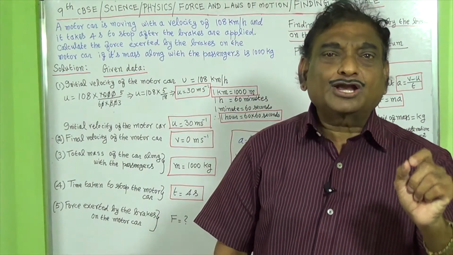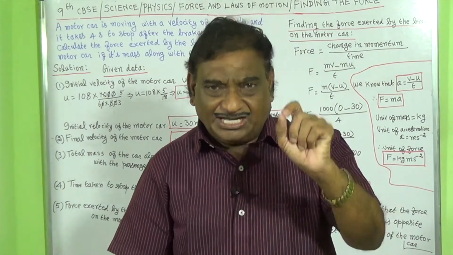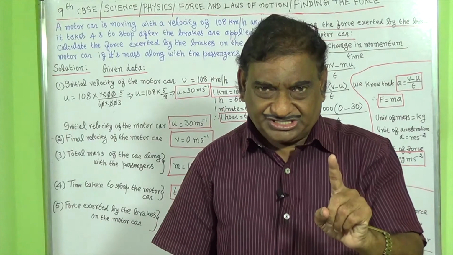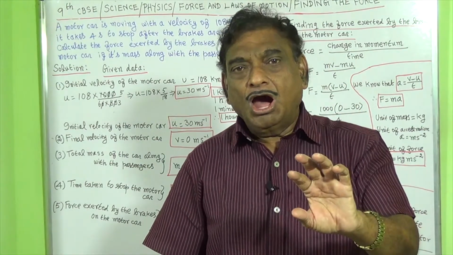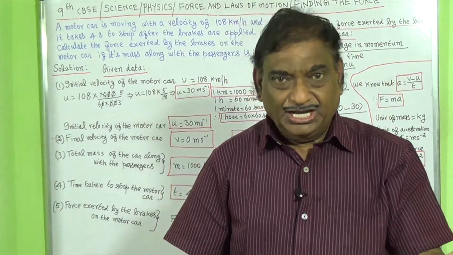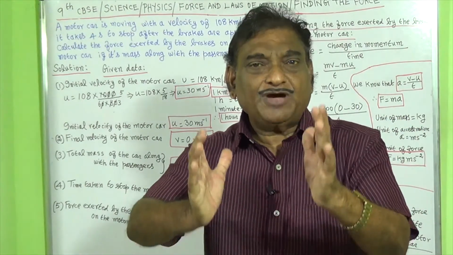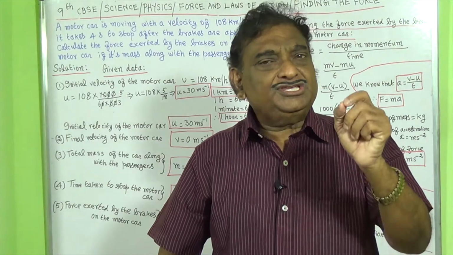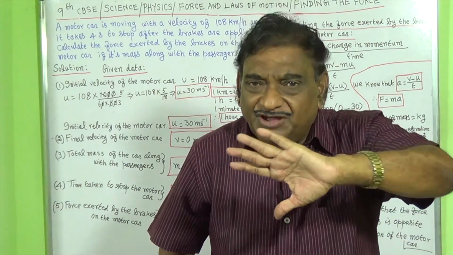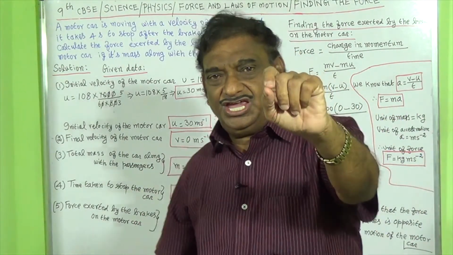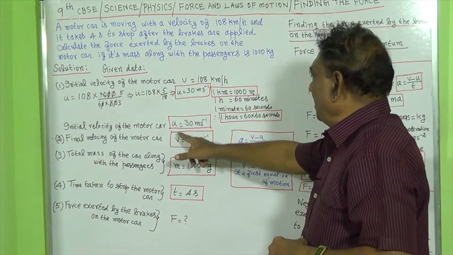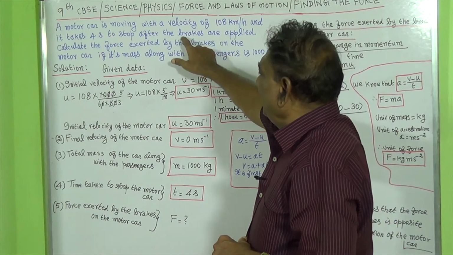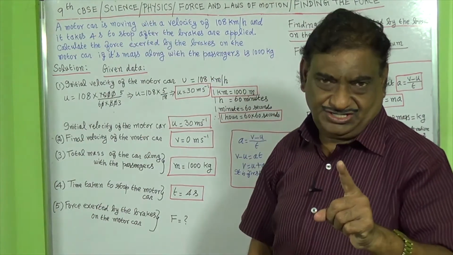Similarly, there are two circumstances at which the final velocity will be 0. One is when the vehicle or an object stops, the final velocity will be 0. Why? When it stops, there will not be any velocity. In this case, we are taking the final velocity as 0 because after the brakes are applied, the vehicle comes to rest.